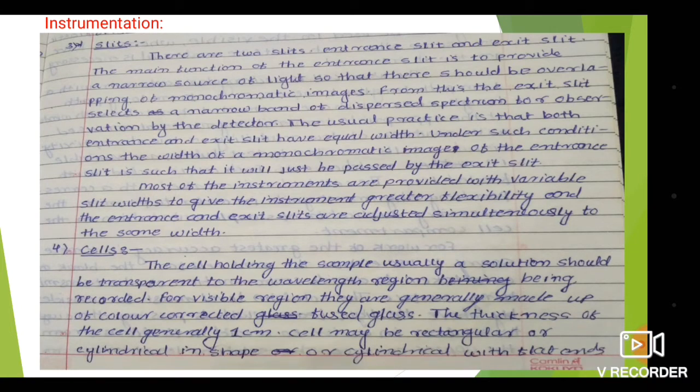So what is the role of the entrance slit and the exit slit? The entrance slit allows the monochromatic radiation and prevents overlapping of the monochromatic images. The exit slit selects the narrower beam of the dispersed spectrum for observation by the detector.